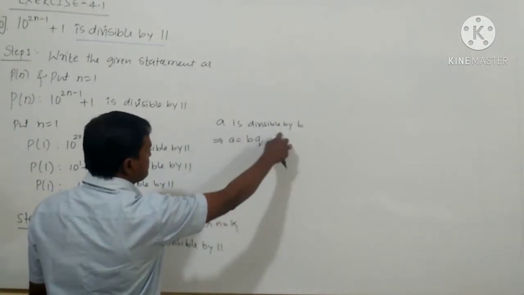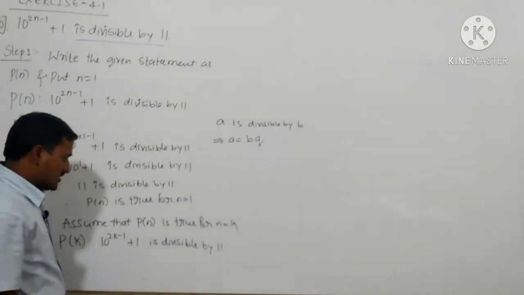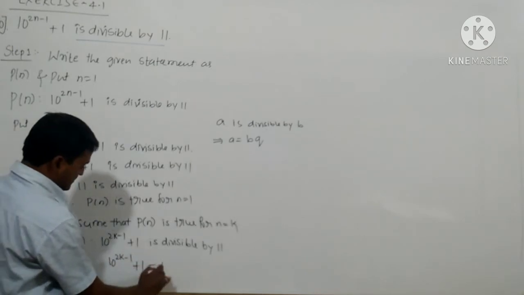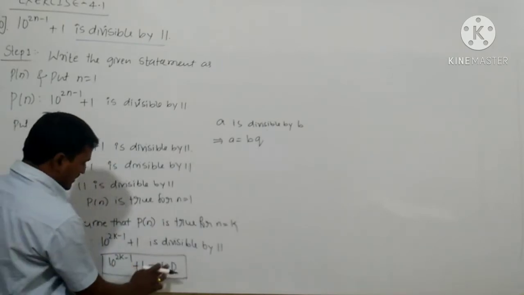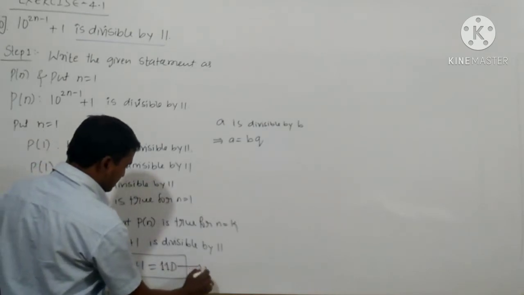So a is divisible by b means a is the product of b into some number. Therefore, clearly we write 10 to the power 2k minus 1 plus 1 is equal to 11 times d. Here, why have I written 11 times d? In the place of q, I have taken d. Call this equation 2.